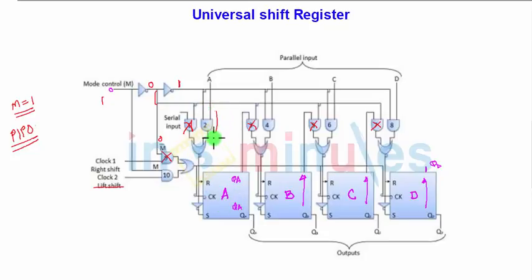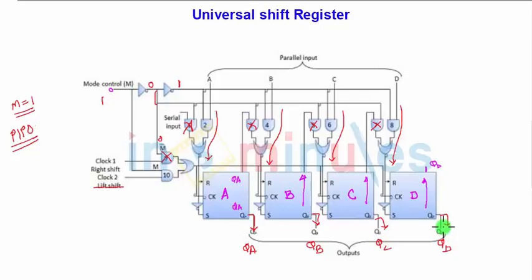So A will be loaded, B will be loaded, C and D, and for each coming clock cycle you can take the data out. Here it will be QA, QB, QC and QD, so data will be out for each clock cycle. This is how it works for the PIPO form of the universal shift register.